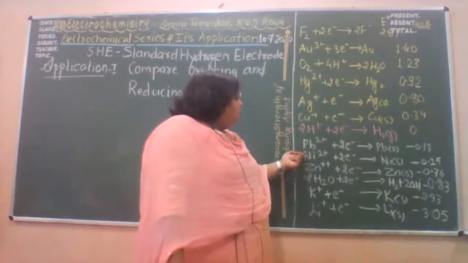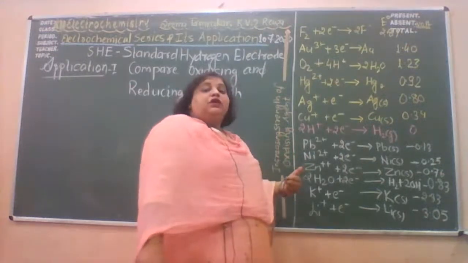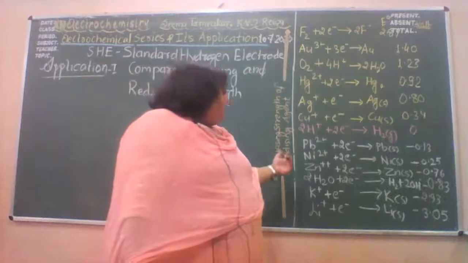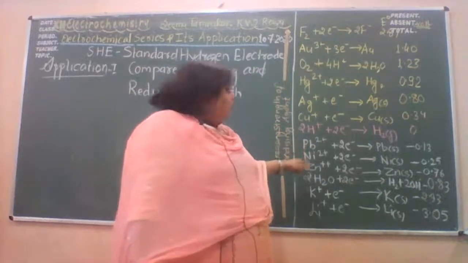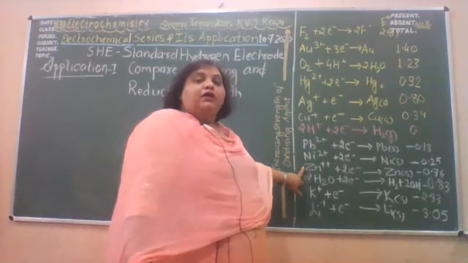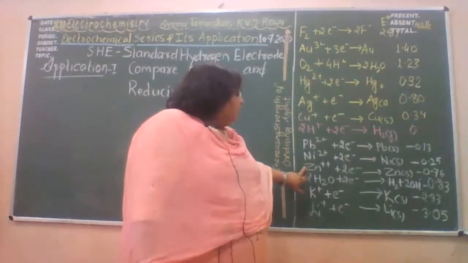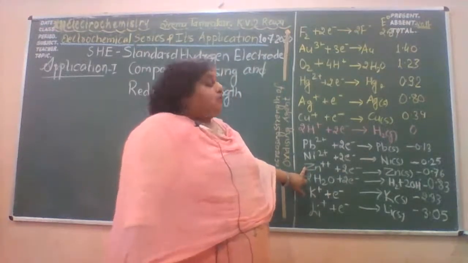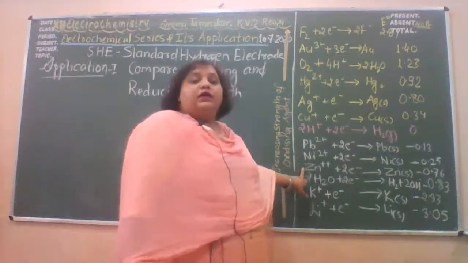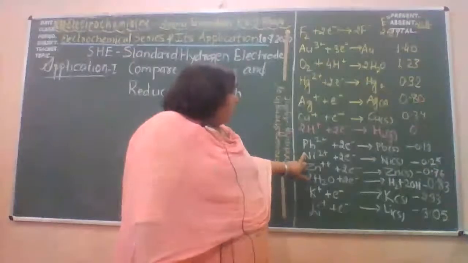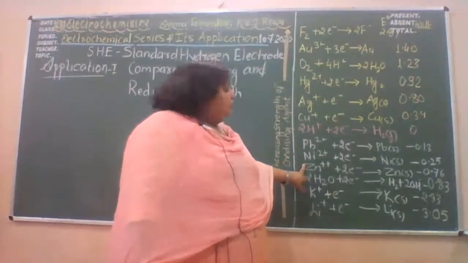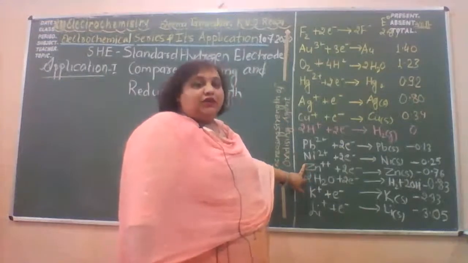So which one will have a stronger oxidizing nature, the power of which will be more? That will be the nickel, and zinc will behave here as the reducing agent if this set of elements, zinc and nickel, is used in an electrochemical cell, a galvanic cell.